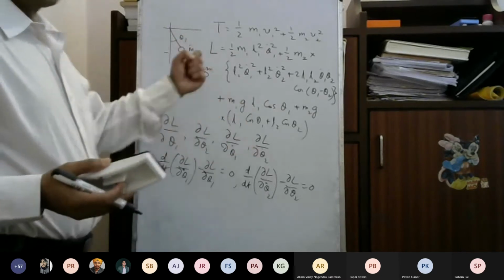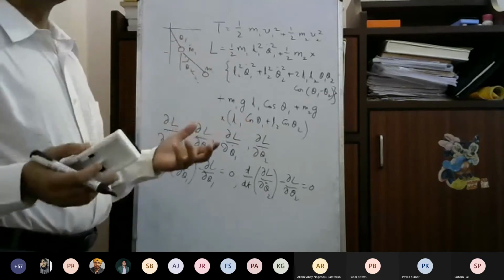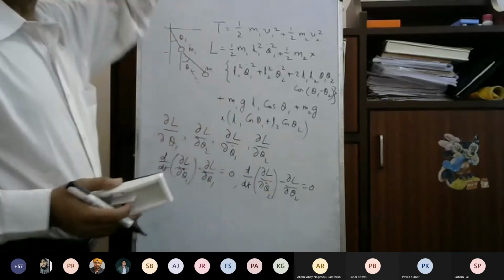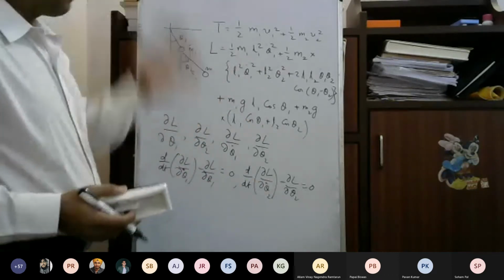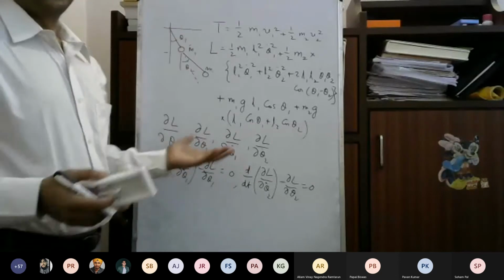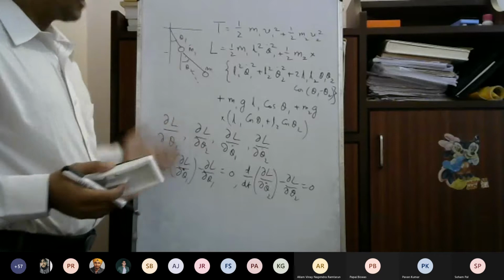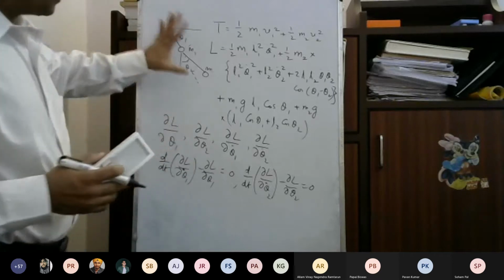Then using this equation, we find out the acceleration. Once you have the initial velocity and initial configuration, and you know the acceleration at any point, you can find out the position and the velocity at any later point. This is the general procedure we follow in mechanics. So we get the equation of motion and find out the position and the velocity at a later instant. This process is clear.